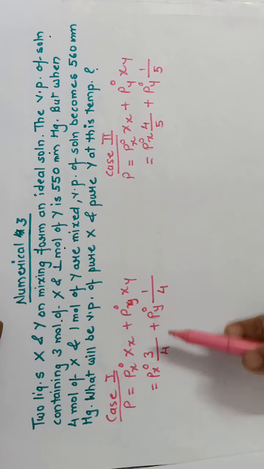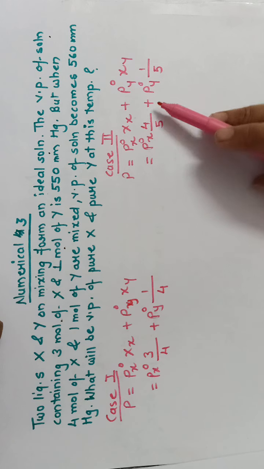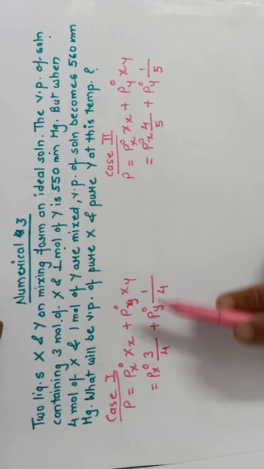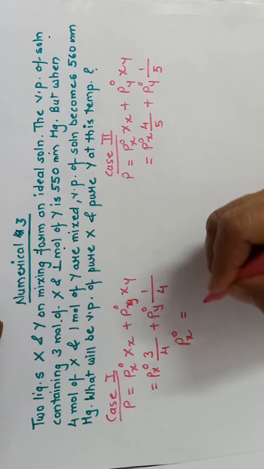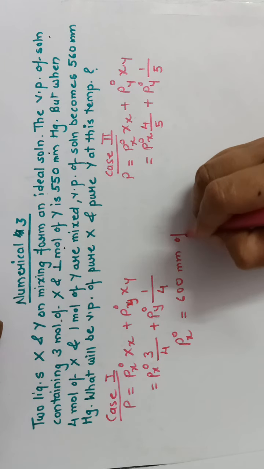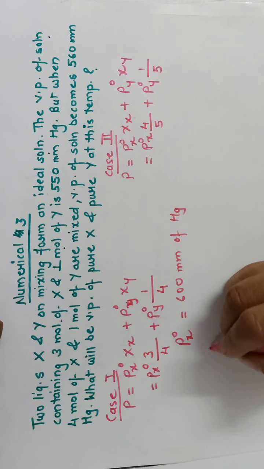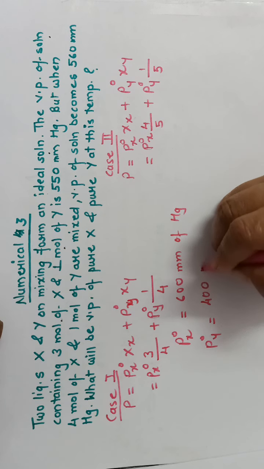Now these are the two linear equations of two variables. I hope all of you know the calculation of these two. So by solving these two, we get the value P naught X equals 600 millimeter of mercury and P naught Y equals 400 millimeter of mercury.